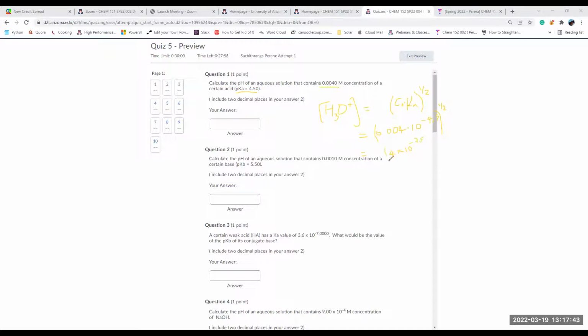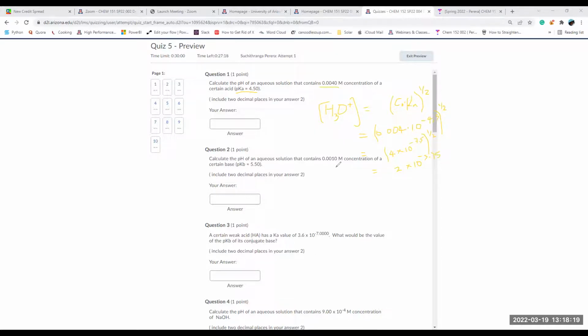If we take the square root of this, you should get 2 times 10 to the power of minus, so 7.5 divided by 2 should be 3.75. So this should be the H3O plus concentration.